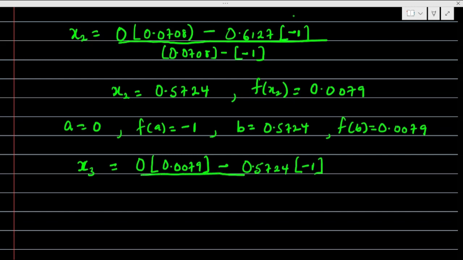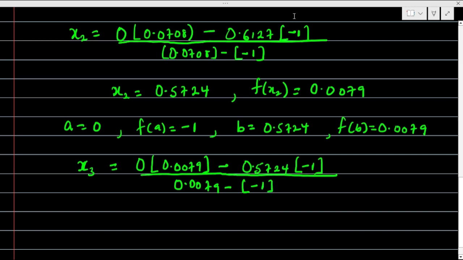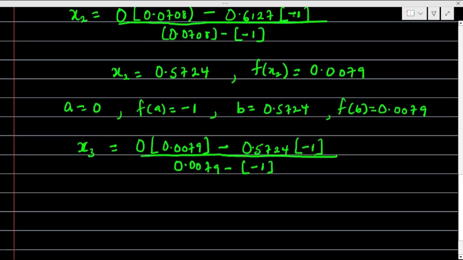So everything over f of b, which is 0.0079, minus into brackets, my f of a, which is -1. And when we punch this on our calculator, my x3 will be 0.5677.